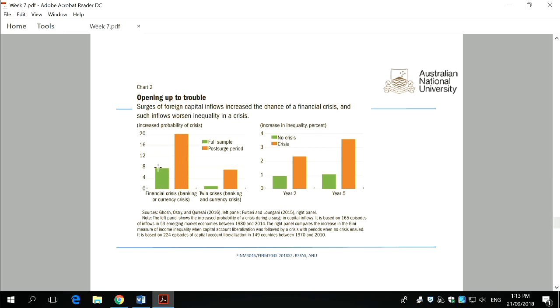The green one shows the full time period, while the orange one shows the time period after they had a lot of influx of capital. You see, influx of capital seems to be a good thing, but actually the likelihood of crisis increases dramatically after the surge of capital.